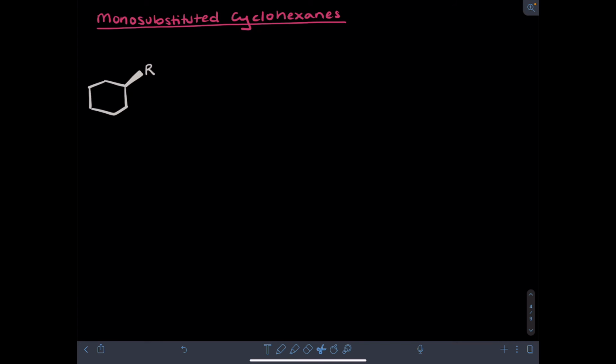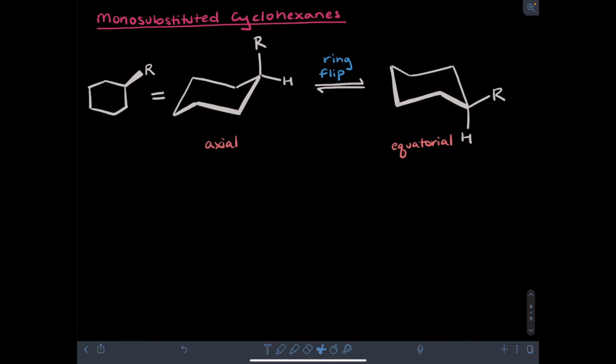Now let's talk about conformations for cyclohexane rings. Let's consider we just have one substituent, a wedged R group. In one of my cyclohexane chair conformations, the R group is going to be axial, or pointed straight up above the ring. And in my other chair conformation, this R group is still pointed up, but it is now equatorial.